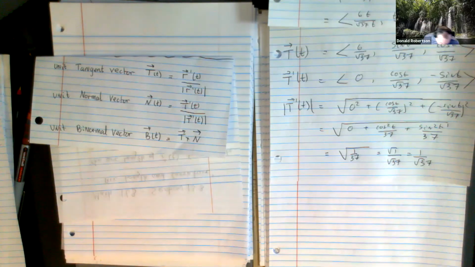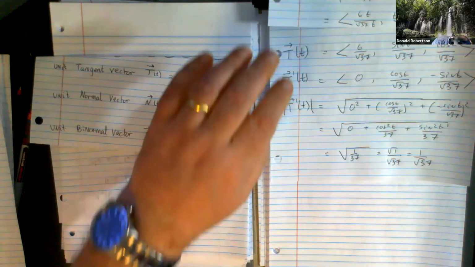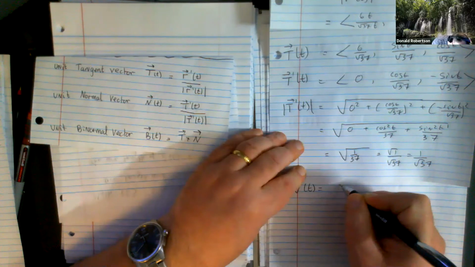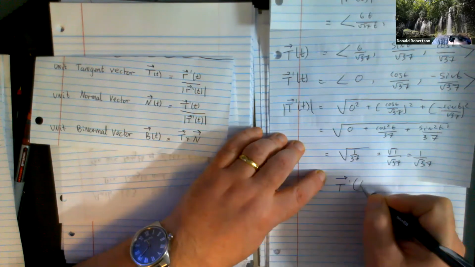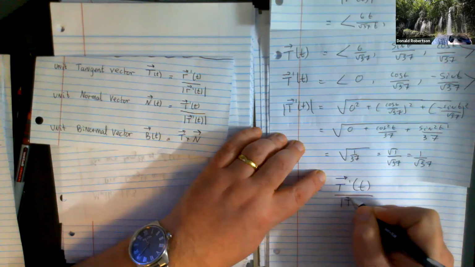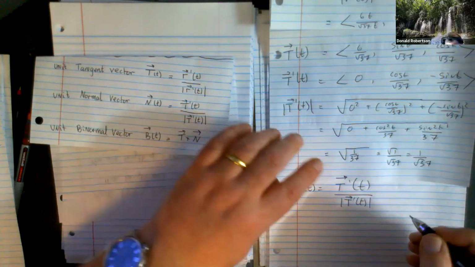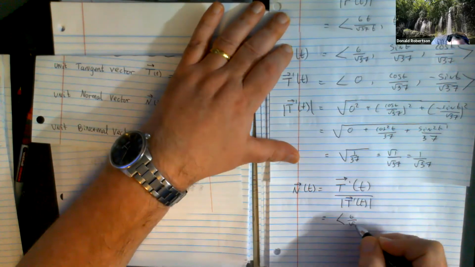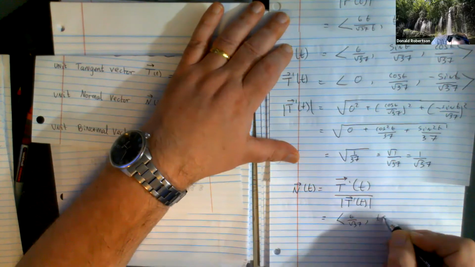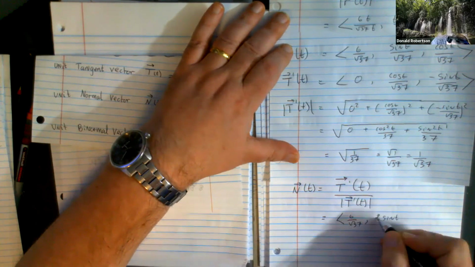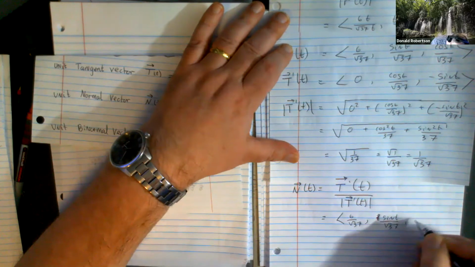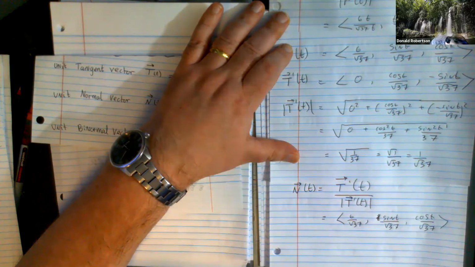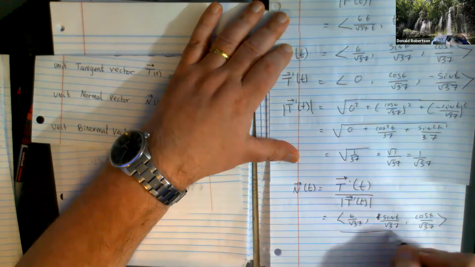Yeah, definitely. Okay, so the unit normal vector is the derivative of the unit tangent vector divided by its magnitude. And the unit tangent vector is this guy, that guy, and that guy, all divided by that guy.